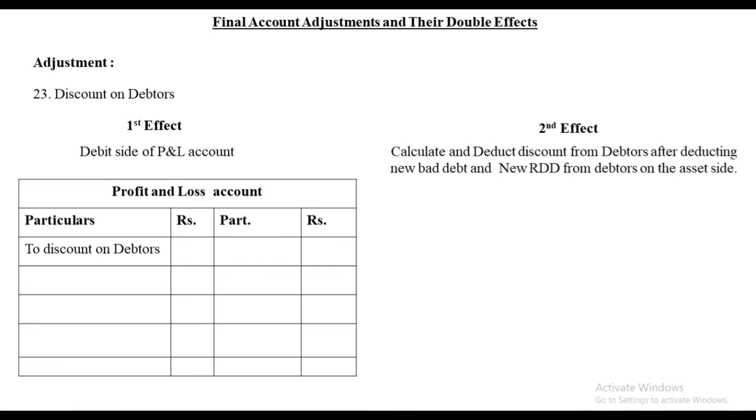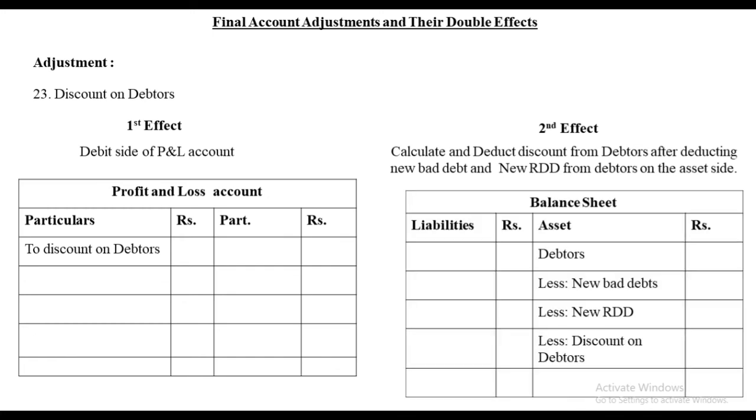The second effect, in the balance sheet, it will be debtors minus new bad debts minus new RDD. After deducting new bad debts and new RDD from the debtors, whatever is the net amount of debtors, on that you will have to calculate the discount on debtors, and that will again get deducted from the total, and in the outer column the net amount will appear.